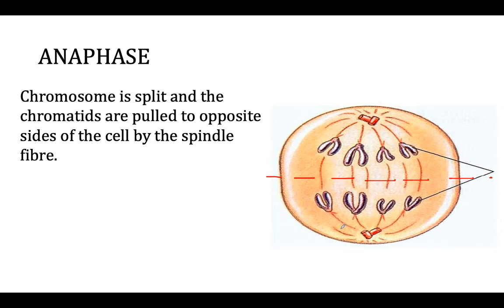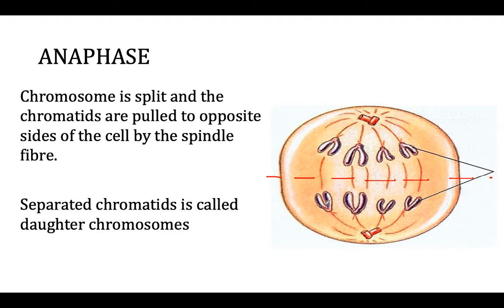They're still connected to our chromosomes and they're pulled to either side of that cell. The separated chromatids are what we call daughter chromosomes, right? So they were chromosomes as they were lined up in the middle of the cell. When they are split up to either side, they're called daughter chromosomes.